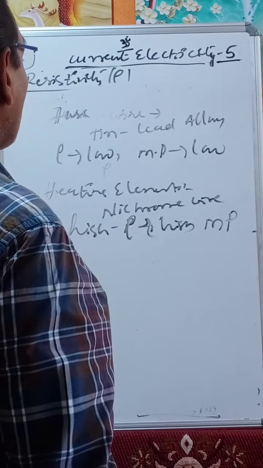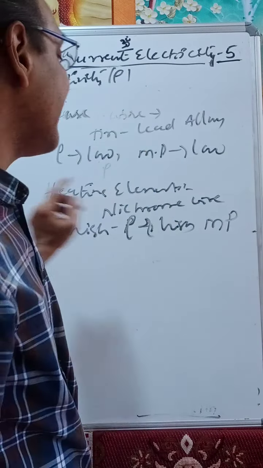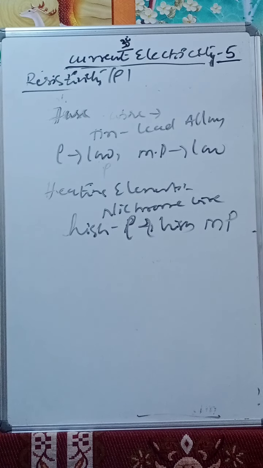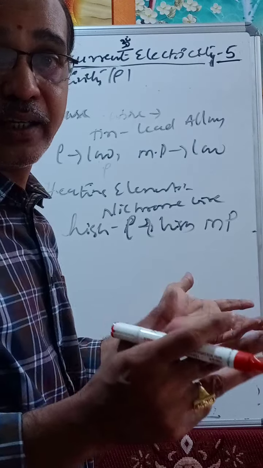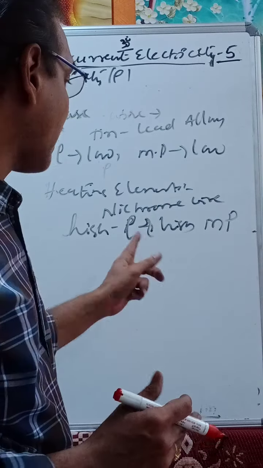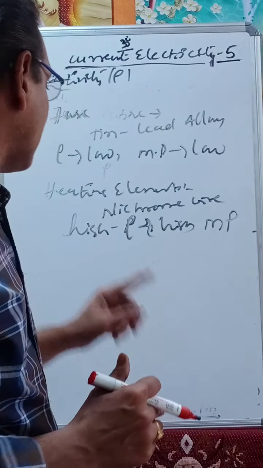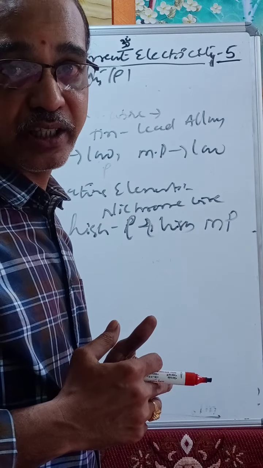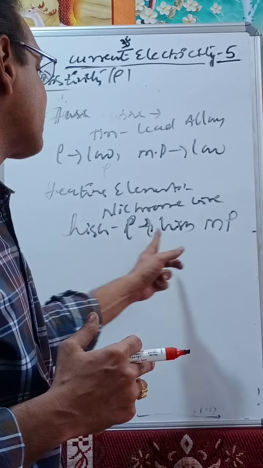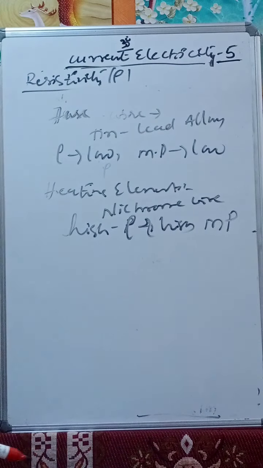Fuse wire should have low resistivity and low melting point. Heating elements should not melt when high current passes through them. It should be heated up, V square by R, therefore high resistivity and high melting point.